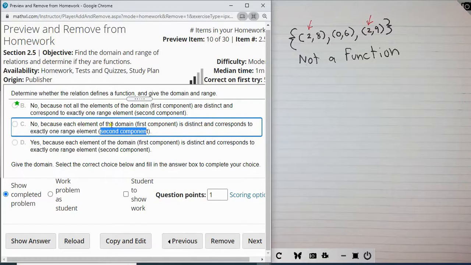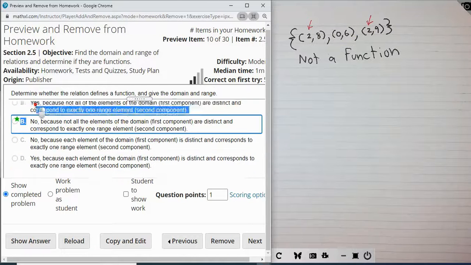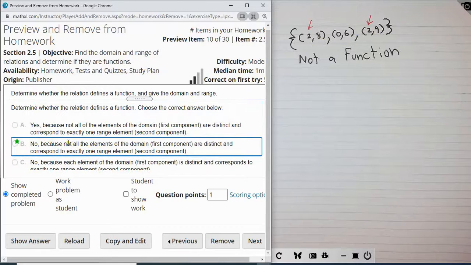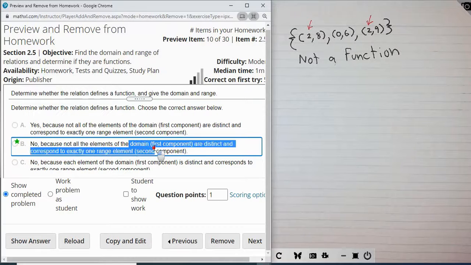It's telling us that each element of the domain is distinct and corresponds to exactly one range element. That's not true, because 2, the first component, is associated with more than one second component, 8 and 9. Again, notice B says, because not all of the elements of the domain are distinct and correspond to exactly one range element.